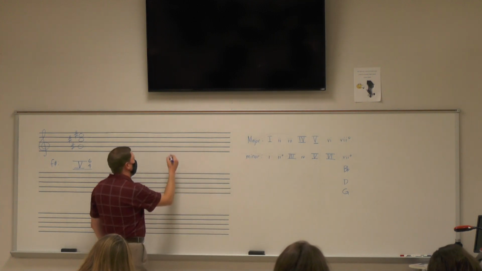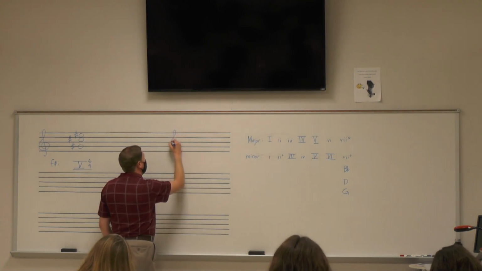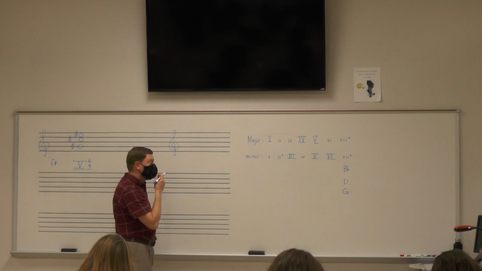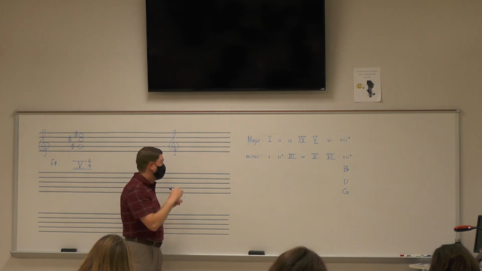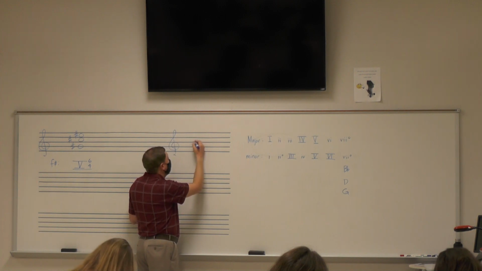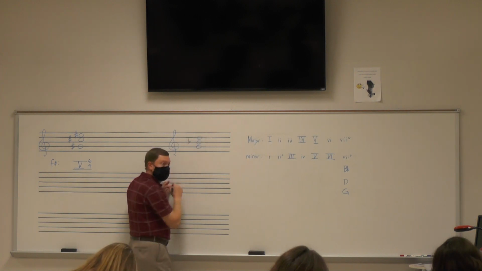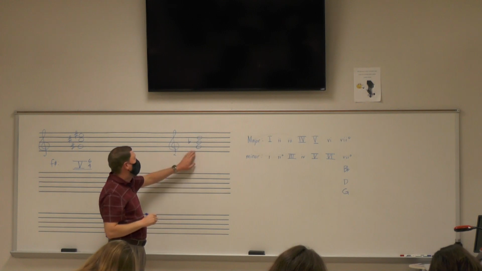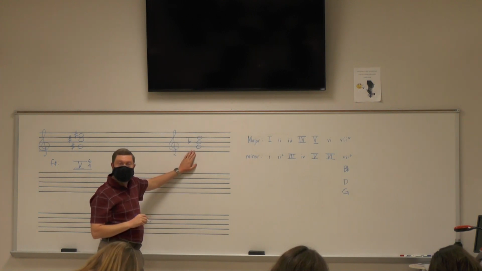Let's write it over here in root position so we know what's what. In order to stack those three notes in thirds, I would need to have G on the bottom: G, B flat, D. Now I can see what note is what member of the chord.